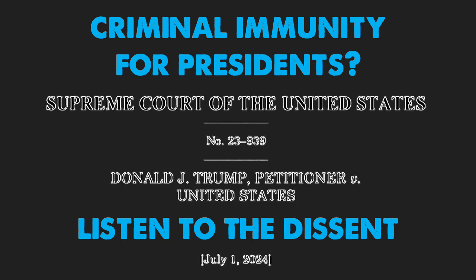The idea of a narrow core immunity might have some intuitive appeal in a case that actually presented the issue. If the president's power is conclusive and preclusive on a given subject, then Congress should not be able to act upon the subject.